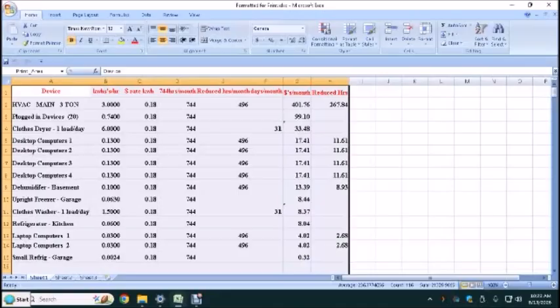Now surprising to me, I have 4 desktop computers and I have down here 2 laptop computers. I was very surprised. These desktop computers are pretty honkers. They have a lot of hard drive in them. I have 8 gigabytes of hard disk in each one of those things. I have 32 or more memory in those, and so on. They cost quite a bit to run per hour, 0.13 kilowatts per hour.